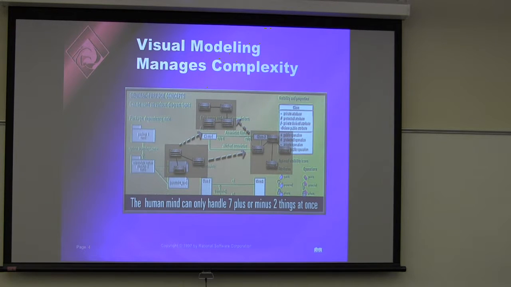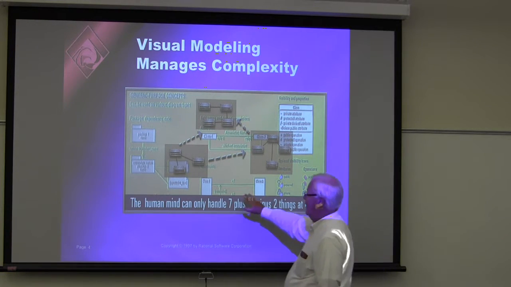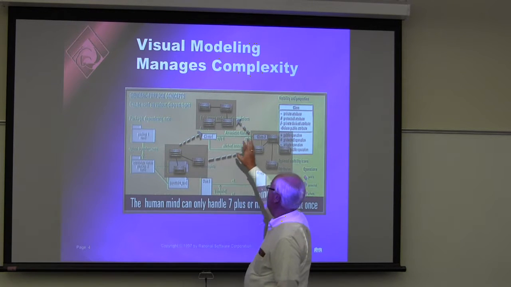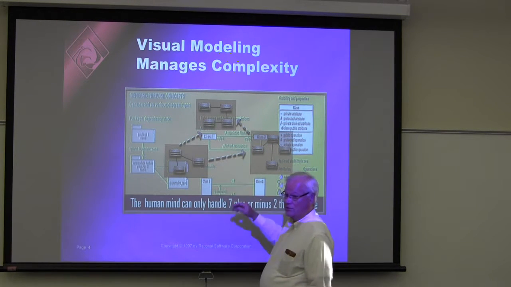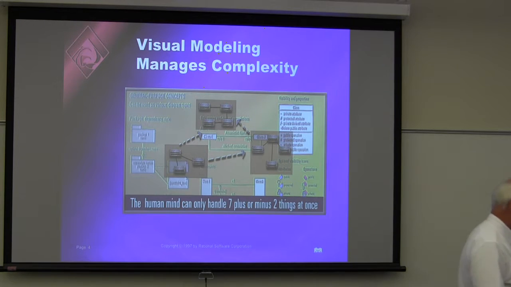It also manages complexity. In the background this could be a very complex looking thing, but maybe we can make it look a lot easier using some kind of visual modeling.